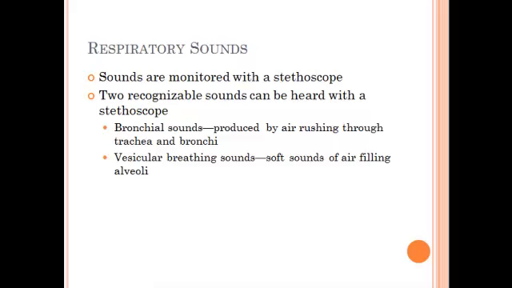There are also respiratory sounds that are involved with breathing as well. So you can monitor the sounds that are in the lungs, the sounds of breathing, with a stethoscope, and when you go into a doctor for a checkup or something like that, the doctor will check for these sounds. So we have two main sounds. We have the bronchial sounds, and this is the air moving through the trachea and bronchi. And then you have vesicular breathing sounds as the air is filling up those alveoli.